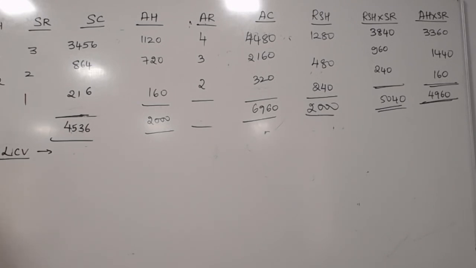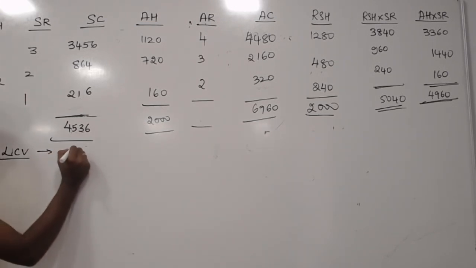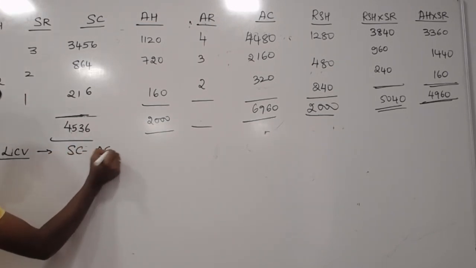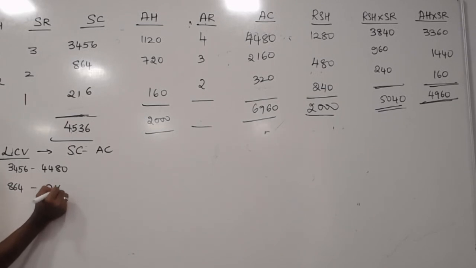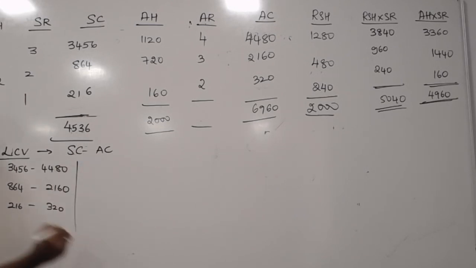Labor cost variance. Labor cost variance is what? Standard cost minus actual cost. So skilled, semi-skilled, unskilled. Skilled is what? 3456 minus 4480. 864 minus 2160. 216 minus 320.